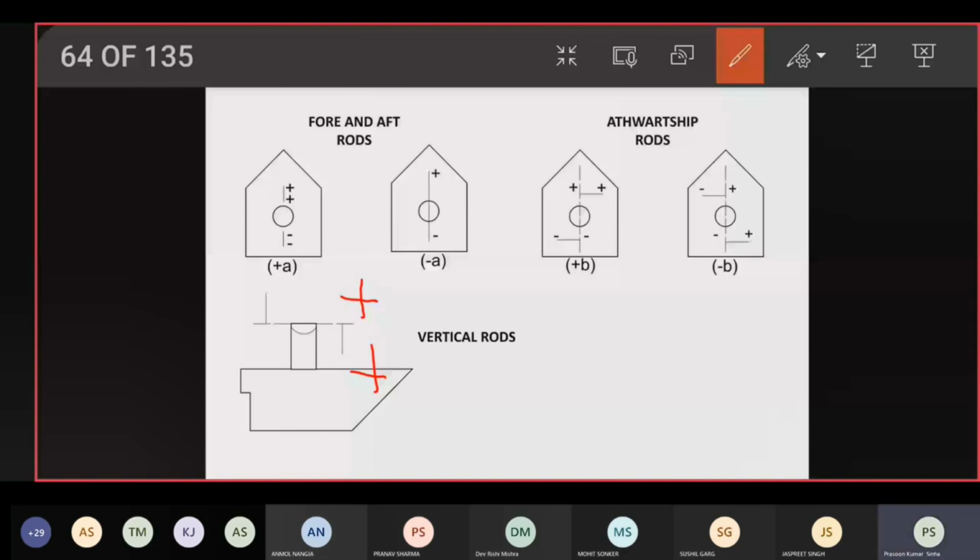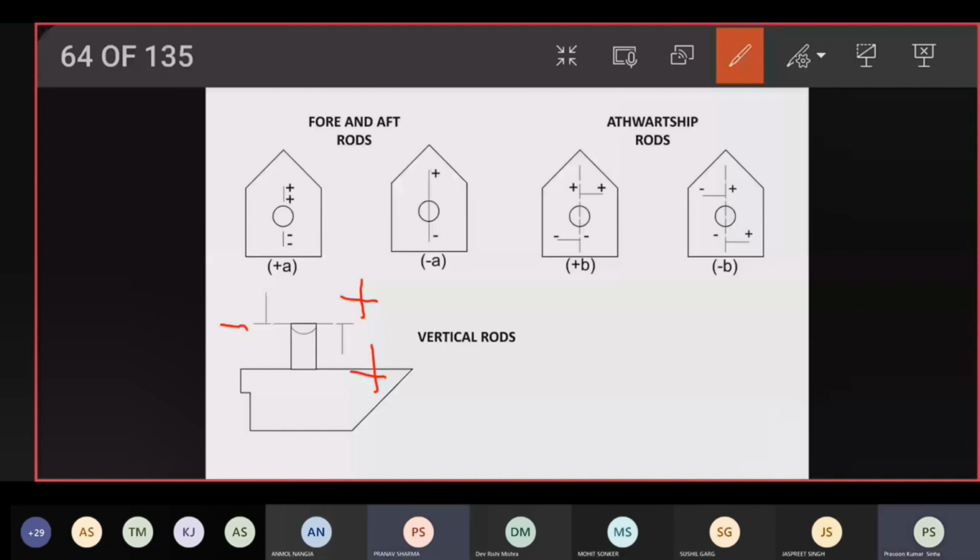Similarly, the aft rod, the one which is level with the compass, the bottom end, please give the sign to it. Negative. It should be negative. Why? Because it is aft of the compass.